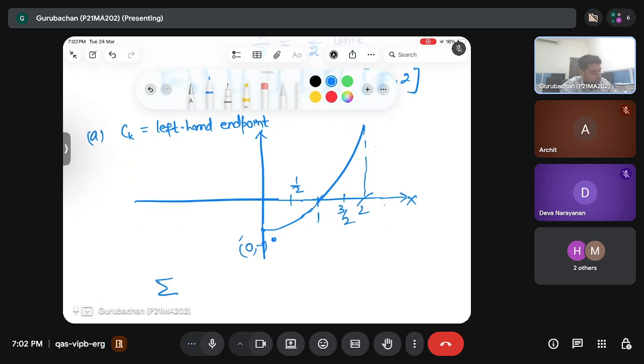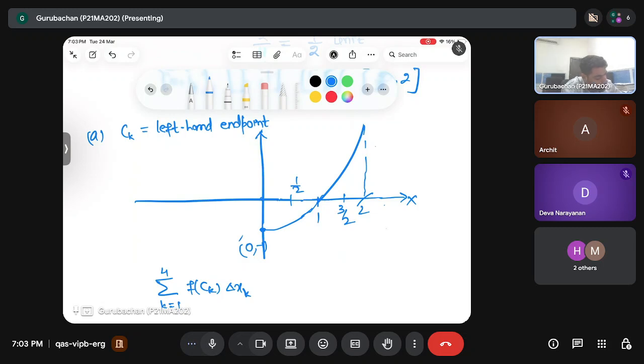What was the sum? Sum from k equals 1 to 4 of f of ck delta xk. In the interval 0 to half, what is the left endpoint?